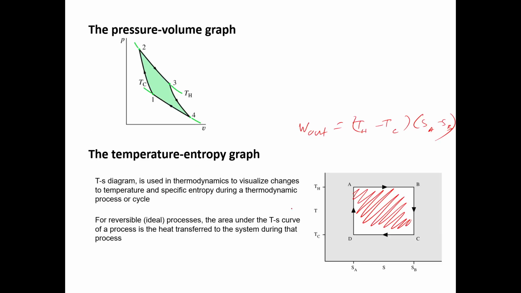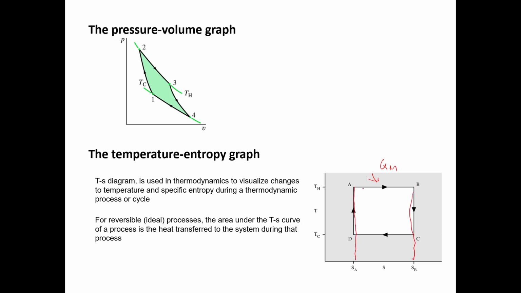If we go back and see, this is where the Q in, A to B, is. So all of this is the Q in. Therefore that is equal to TH times SA minus SB.